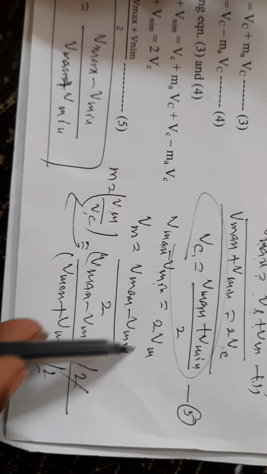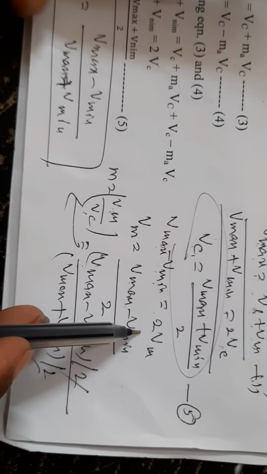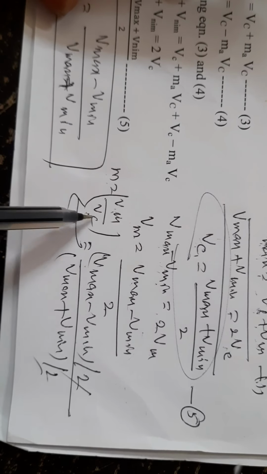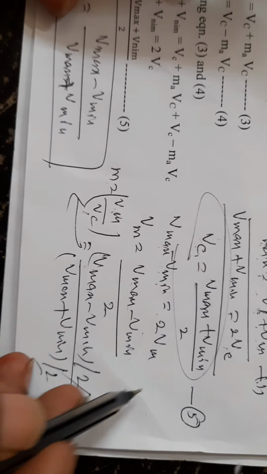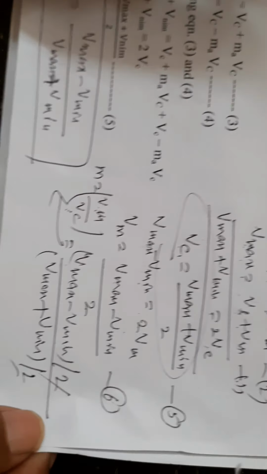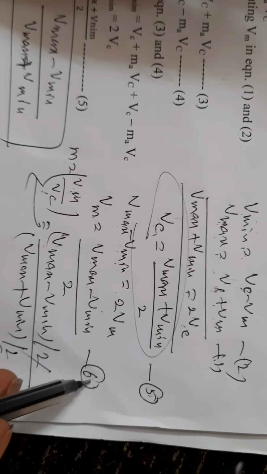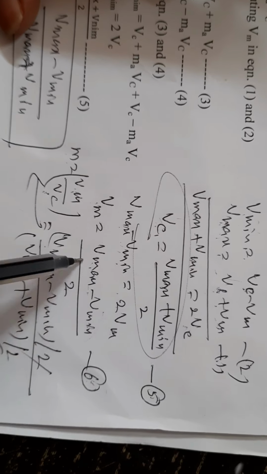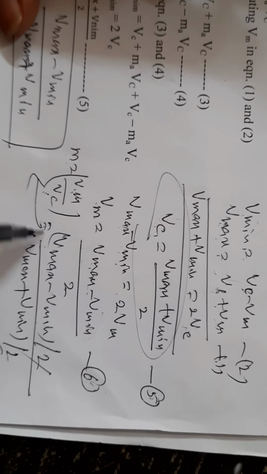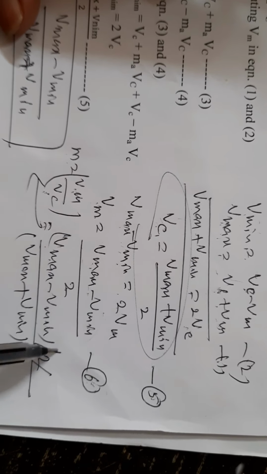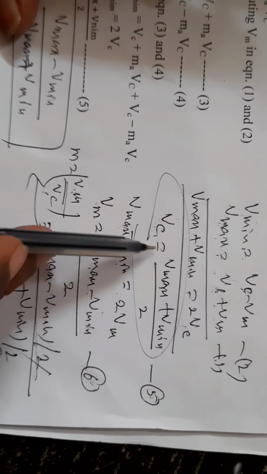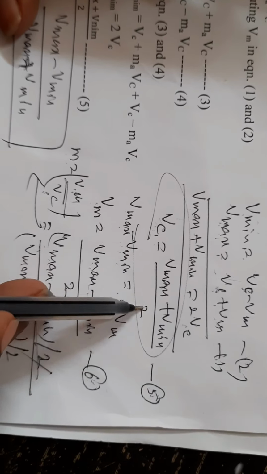Vm is equal to V maximum minus V minimum divided by 2. We know the modulation index m is equal to Vm by Vc. Substitute for Vm and Vc. This is equation 6. From equation 5 and equation 6, Vm is equal to V maximum minus V minimum by 2, divided by Vc, and Vc is equal to V maximum plus V minimum by 2.